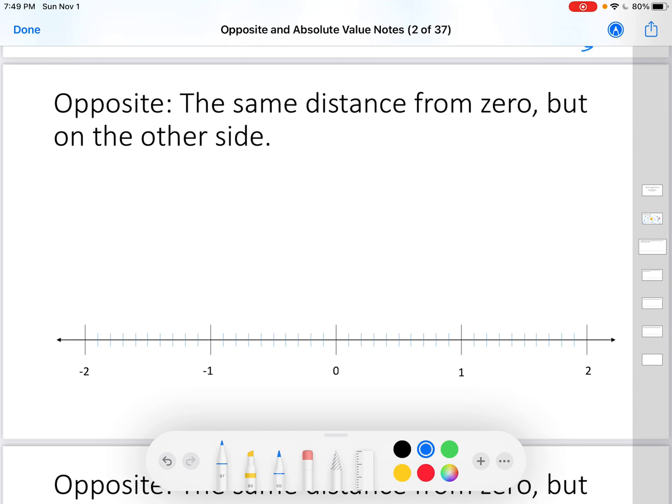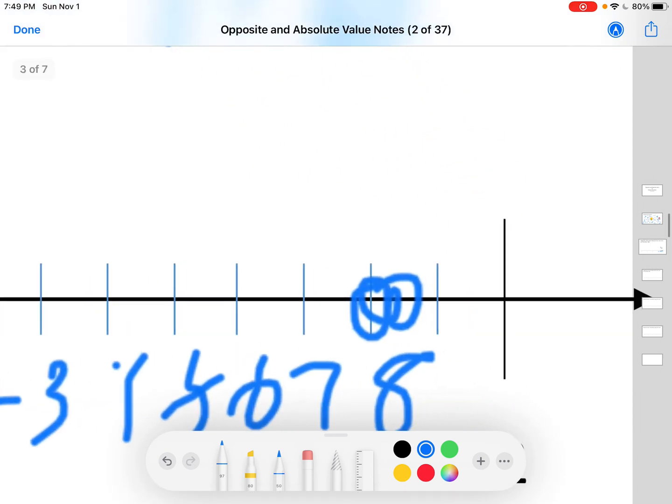So let's use 1.8. This is 1, then it's 1, 2, 3, 4, 5, 6, 7, 8, 1.8. Notice I put my dot right on the point of intersection, not up here, not down here, right at the point of intersection, right on this horizontal line.